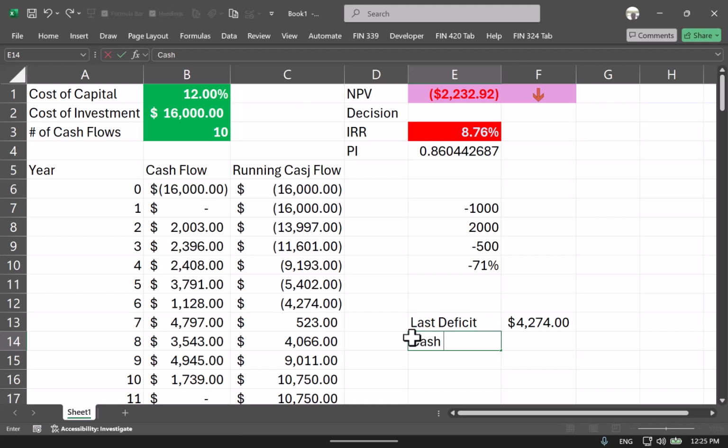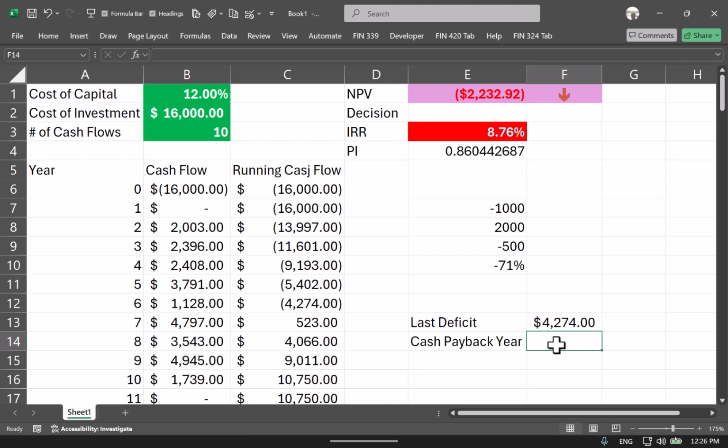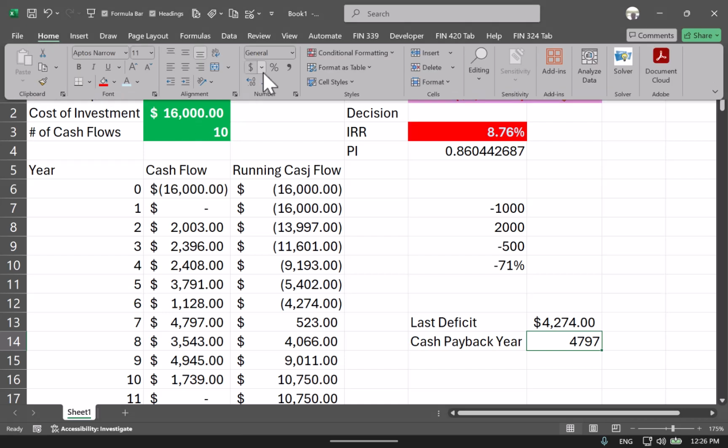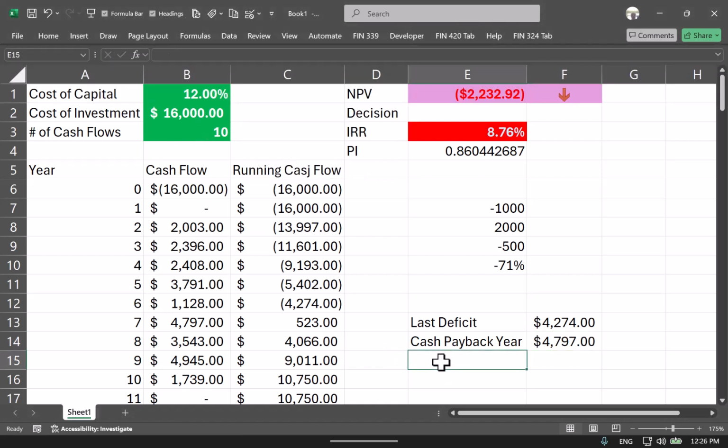Cash in pay year, 47.97. Let's prorate that.